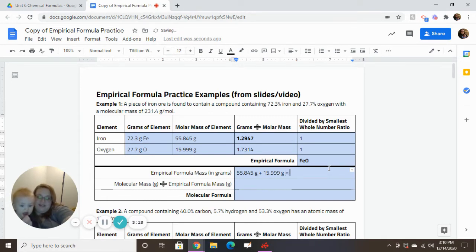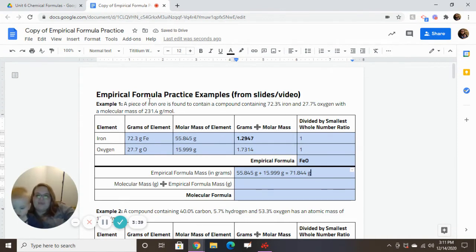So we're going to add those two together. 55.845 plus 15.999 gives me 71.844, and that's going to be my empirical formula mass in grams.